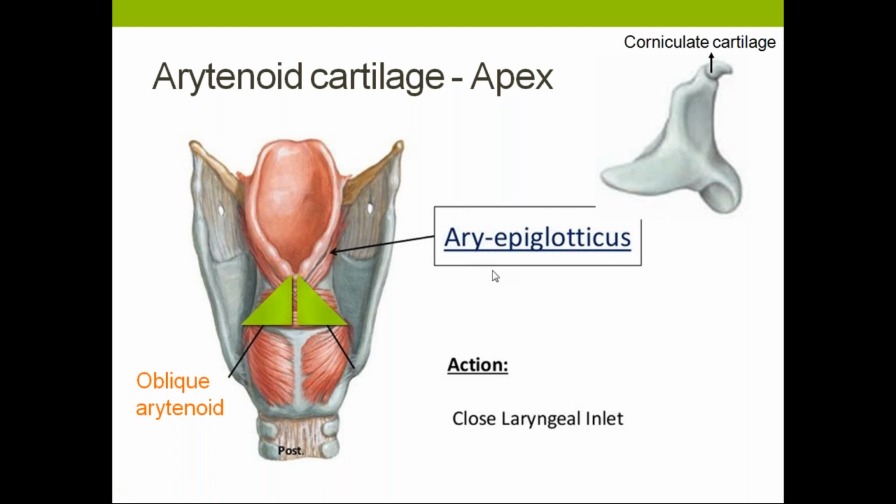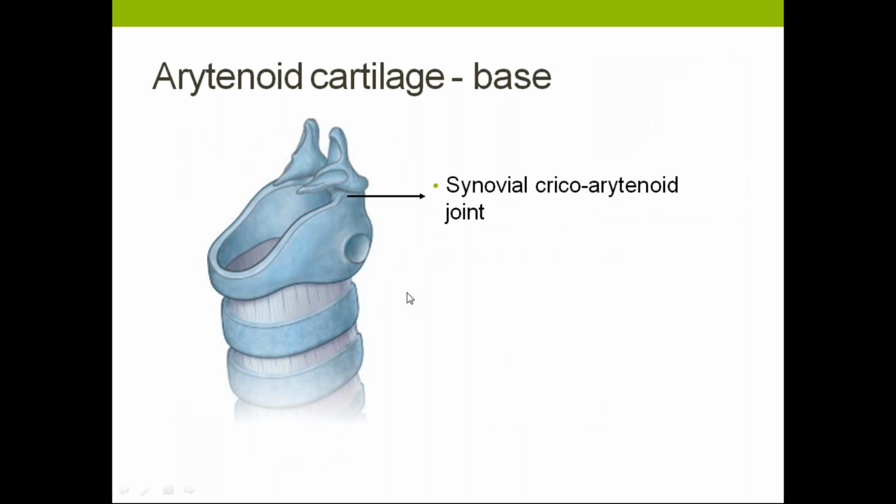So you can see this. This is the apex, this is the base, and this is the medial surface. The surface facing that side is the anterolateral surface. This is the posterior surface. This process here is the muscular process, and here will be the vocal process. Next we'll go on to the base.